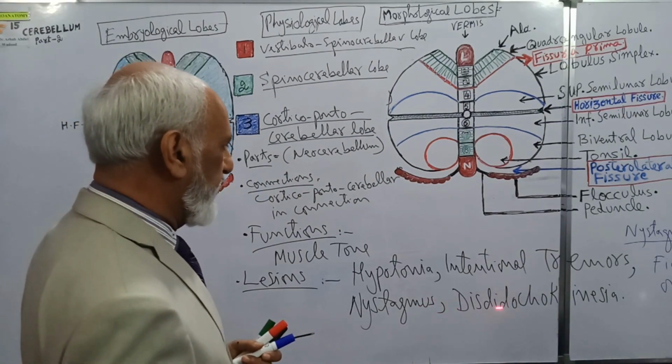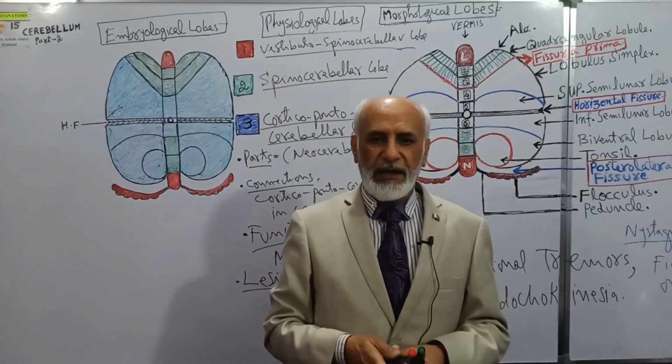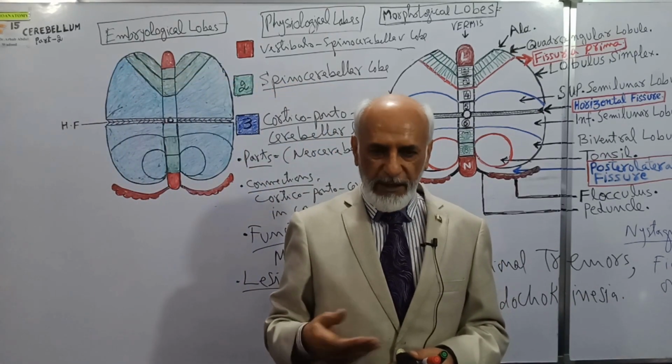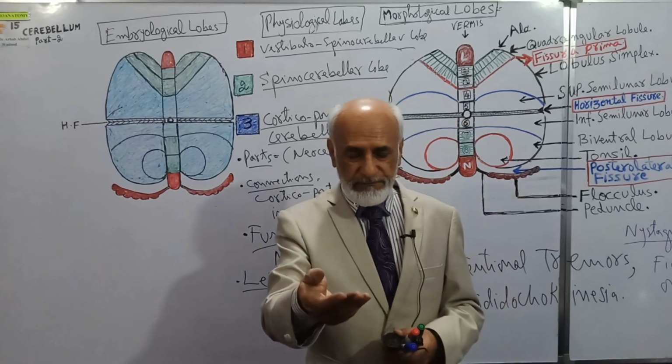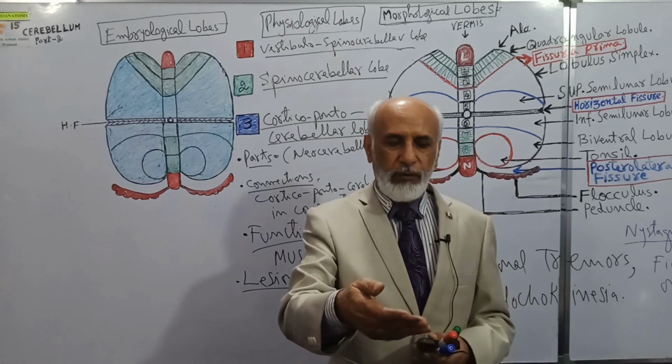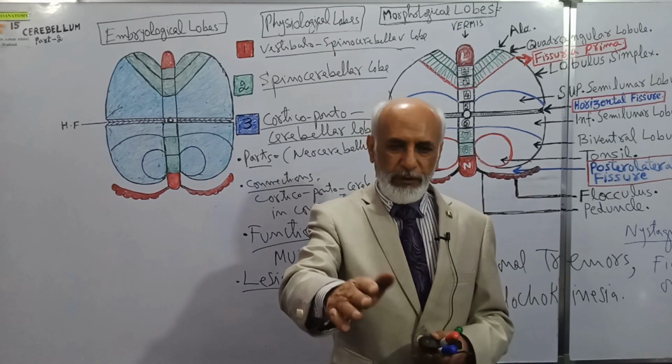Next is dysdiadochokinesia. Patient cannot perform rapid movements. For example, this is supination of the arm and this is pronation of the arm.